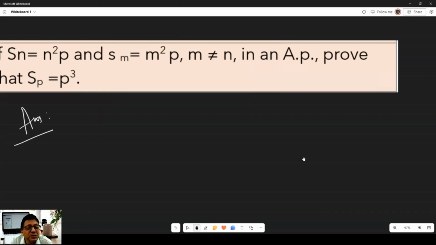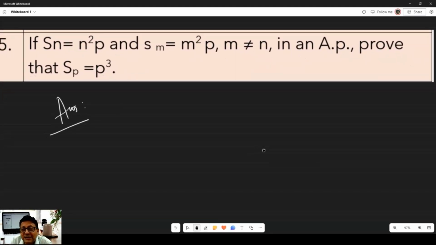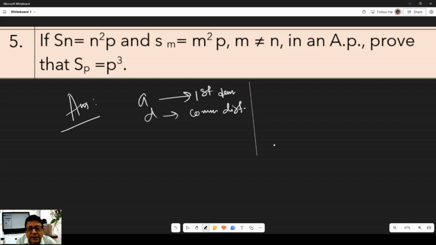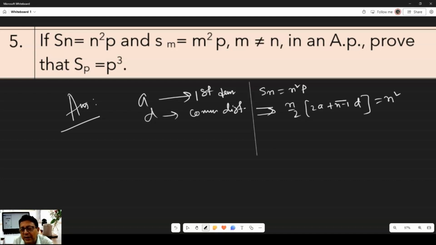You just take that first term is equal to a and common difference is equal to d. Let us assume a is the first term and d is the common difference. Then use the given information. Sn equal to n square p implies n by 2 into (2a plus (n minus 1)d) equal to n square p.